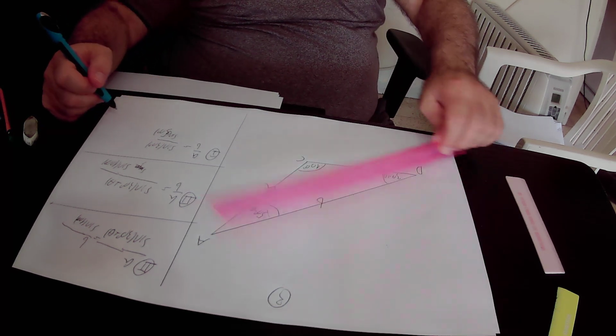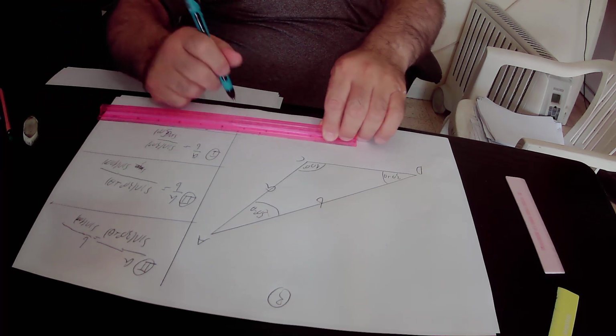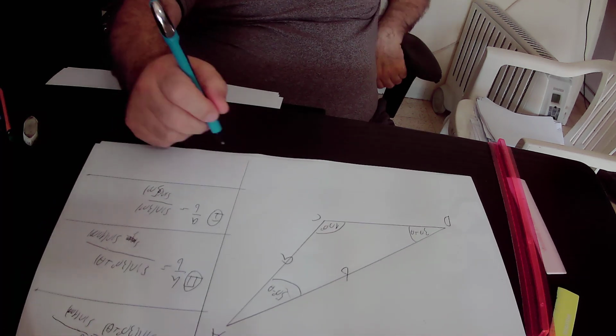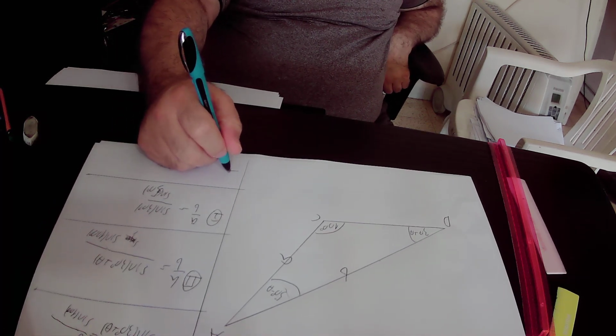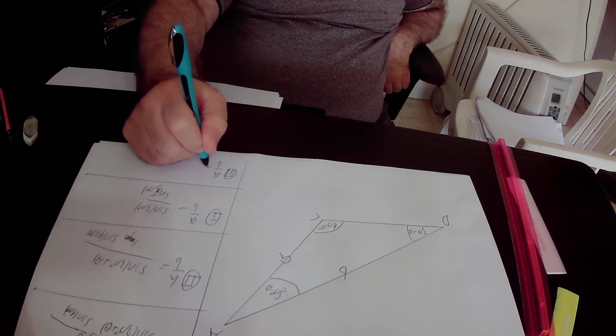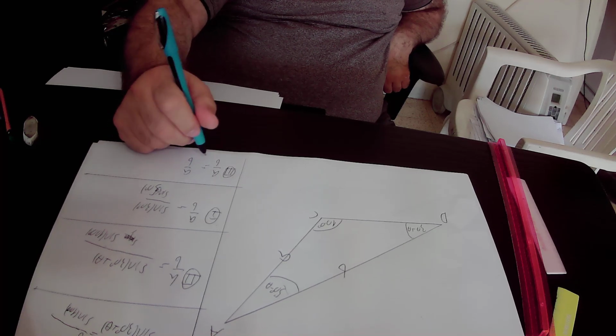So we have two expressions for A over B, so we will create equation number 3, which states that A over B according to equation number 1 must be equal to A over B according to equation number 2.